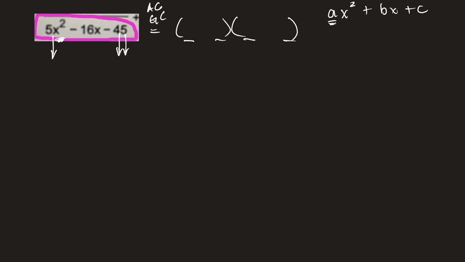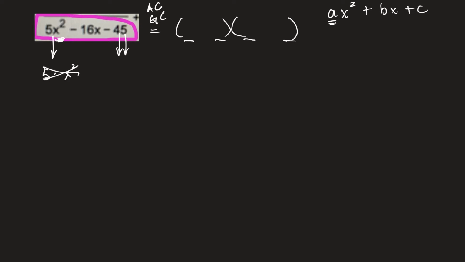So let's look at the 5x squared. Different things you could multiply to get 5x squared: you could go 5 times x squared, but you're not really splitting that up. You could put a 5 here and an x squared there, but typically they split the x's up, so that's not one I would look at.